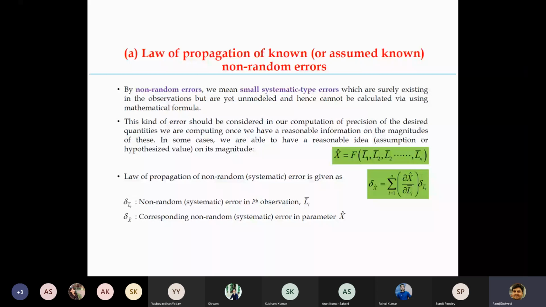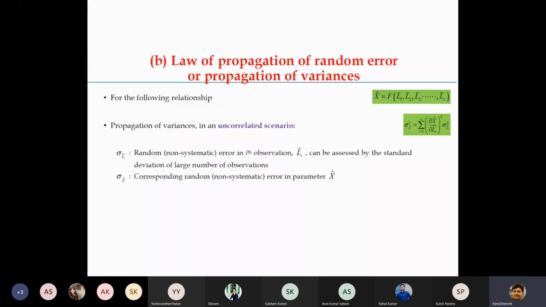On the next slide, how the errors will propagate is of random error nature. You could see the same function, x hat is equal to a function of L1, L2, L3, up to Ln, and in that case you could see on the right hand side it is a square term. However, in the previous case you do not see any square term.